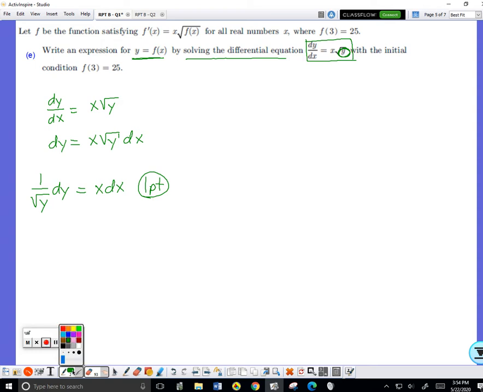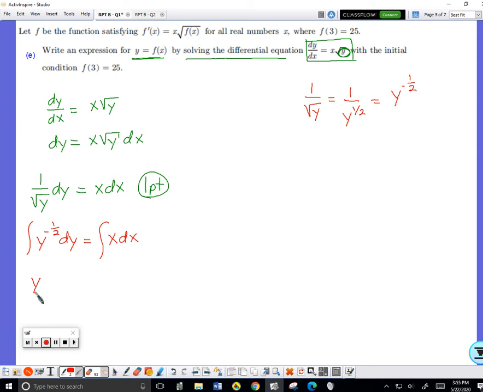Okay, finding the antiderivative of a root, not so easy, so we're going to remember that, let's write it over here. 1 all over root y is the same thing as 1 all over y to the 1/2. The same thing as y raised to the negative 1/2. So over here we have antiderivative y to the negative 1/2 dy equal to antiderivative x dx.